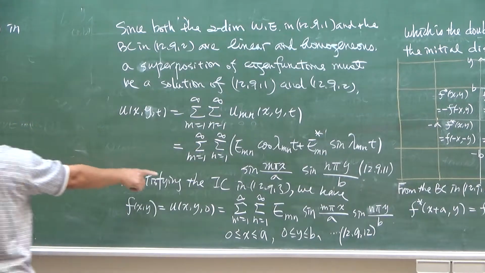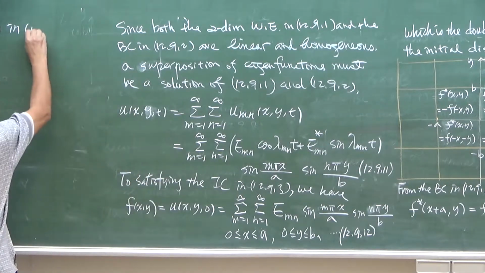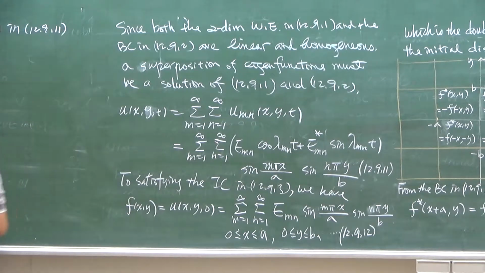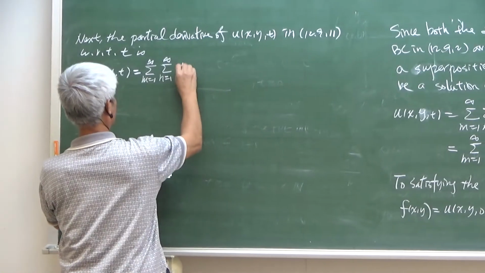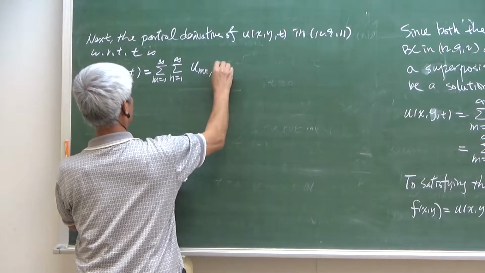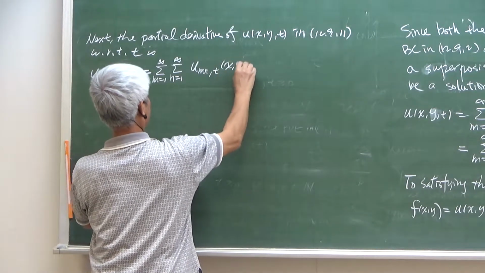So the partial derivative of this u in 12.9.11 with respect to t is u_t(x, y, t) equal to the summation of u_mn t(x, y, t).